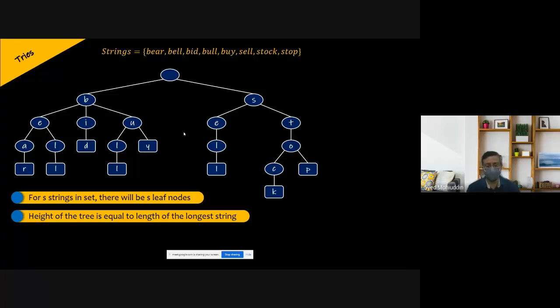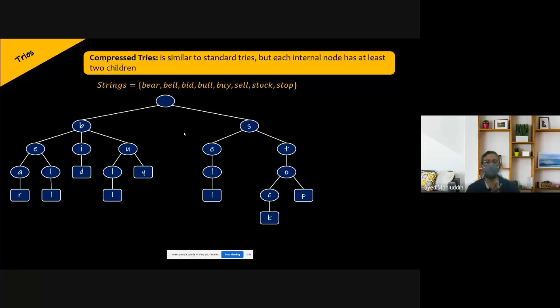So the next thing we have is known as compressed tries. Compressed tries try to club 2 labels or 2 alphabets into a single node, so that the number of nodes created will be much lesser.